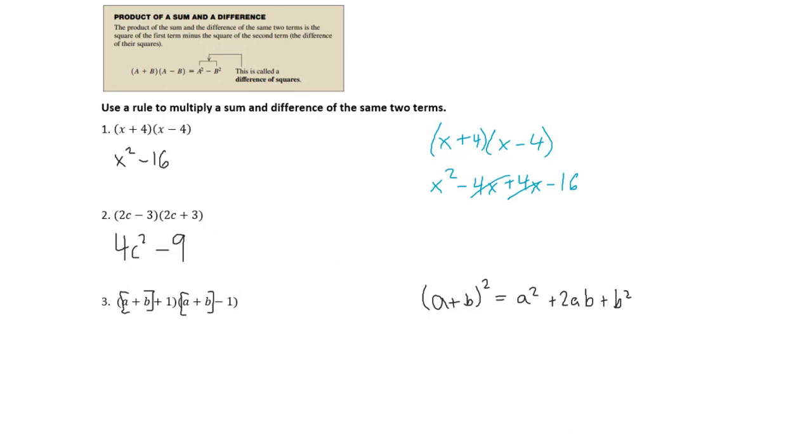And we know that from what we just did on previous slides. So first term squared, we're going to treat a plus b as one single term. We get a squared plus 2ab plus b squared. And then after all that's done, we put minus, and then the last term squared. 1 squared, 1 times 1 is 1.